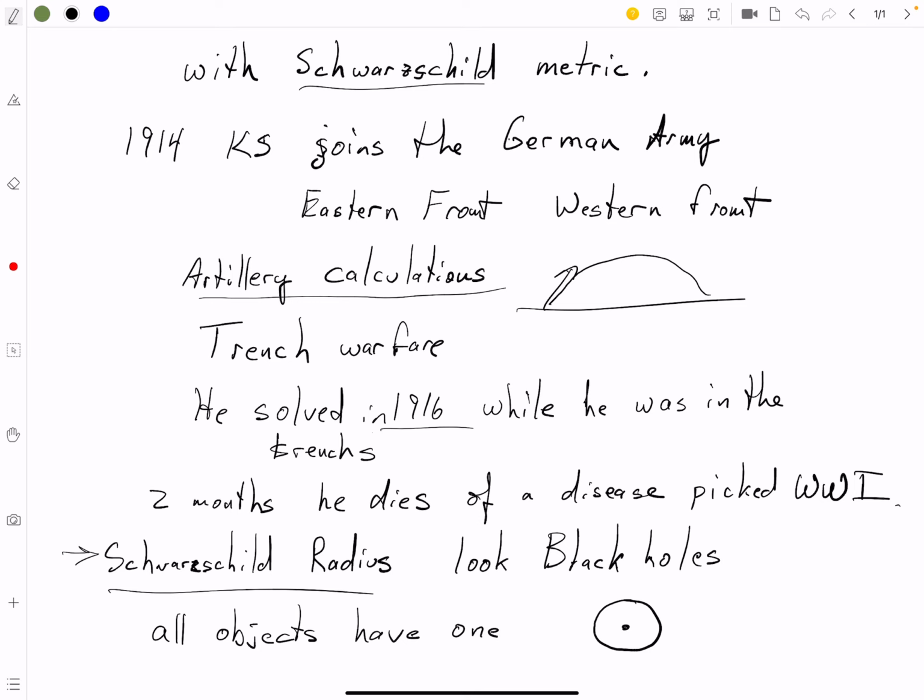Makes sense, right? But if you have a supermassive object, the gravitational pressure of the body is so great that the body is inside the Schwarzschild radius. And this is what they call the event horizon.